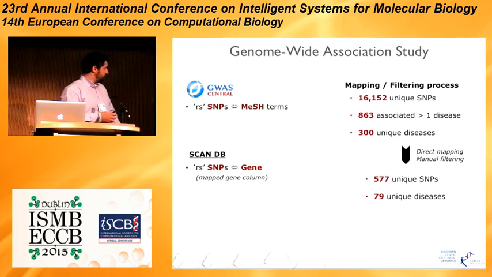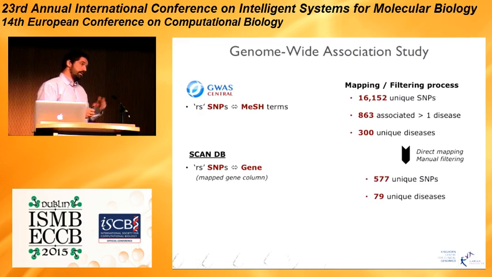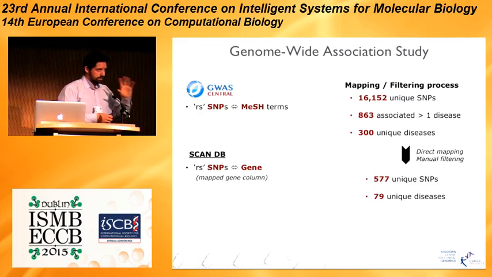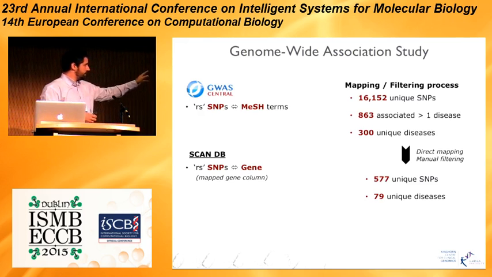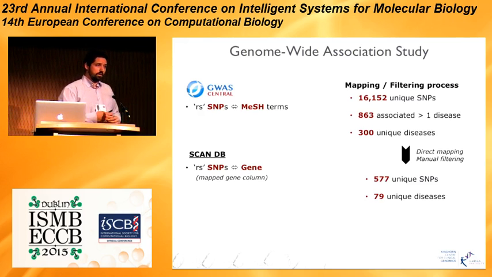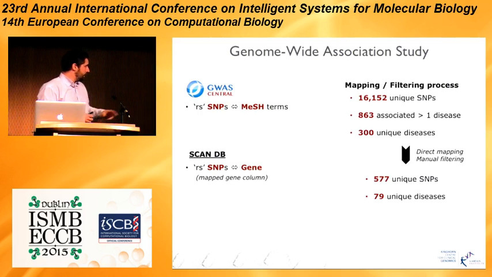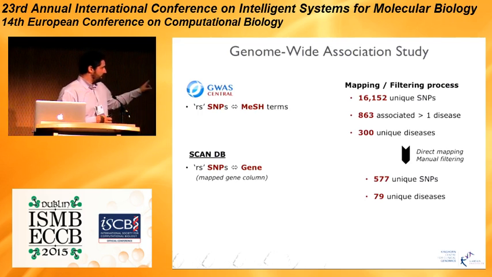We used GWAS Central data, where we used the RS SNPs to MeSH terms association provided by the data set. And then we also used SCAN DB for the RS SNPs to map gene column in order to get from MeSH terms to genes.